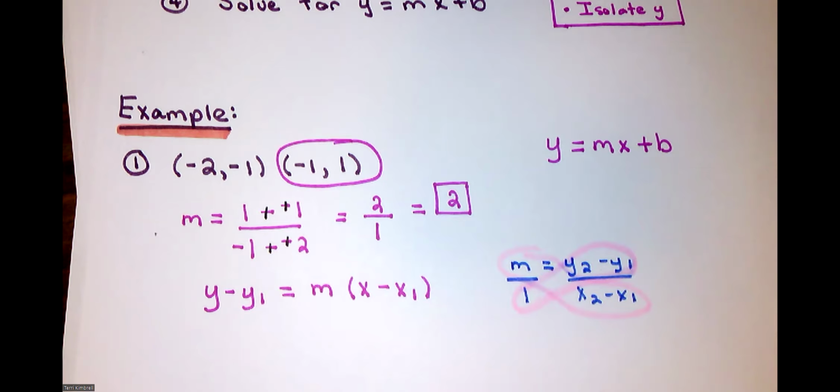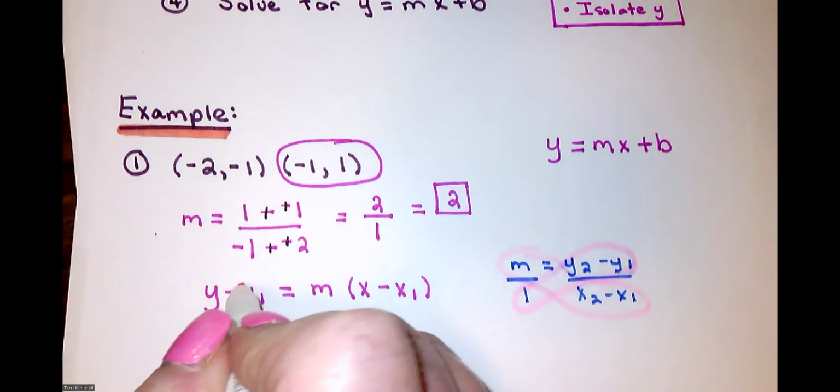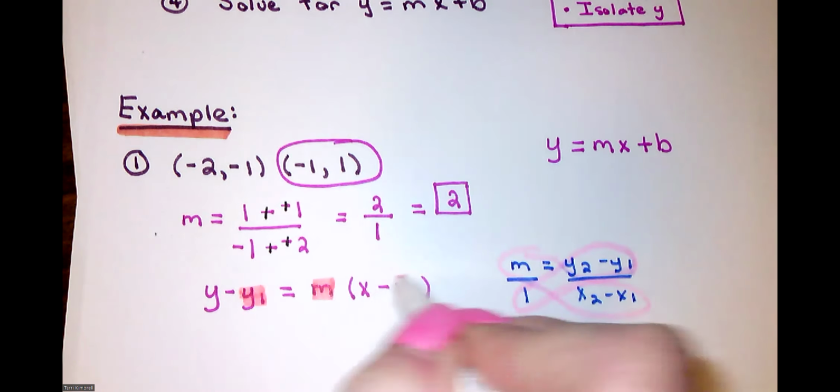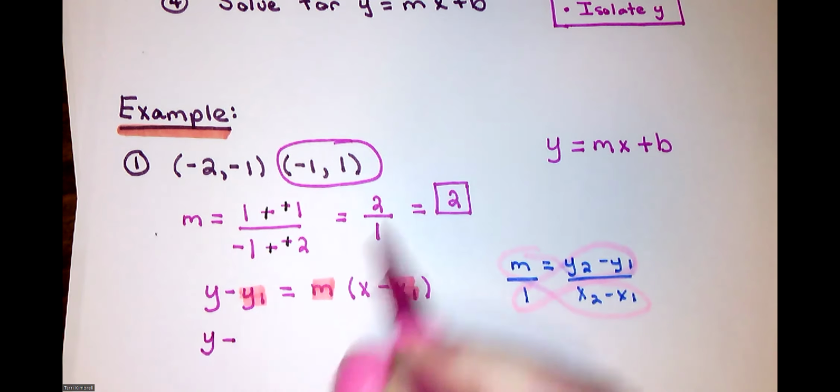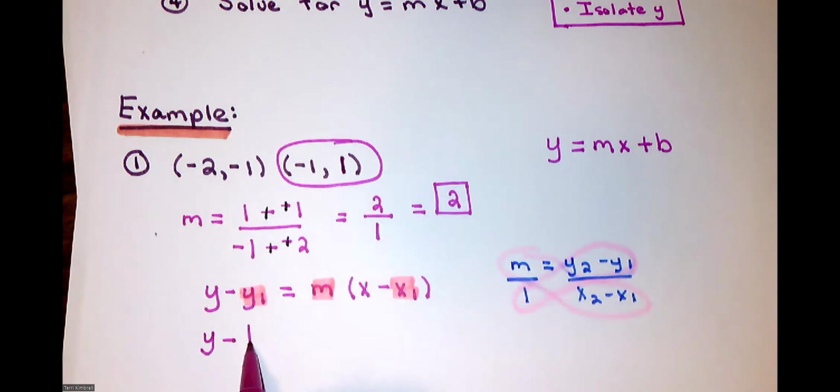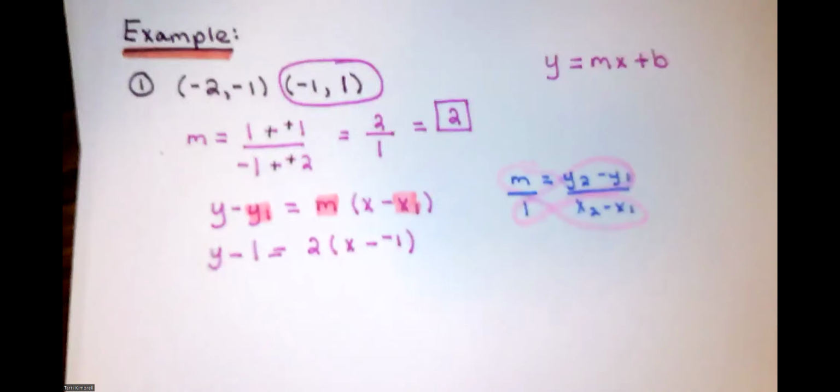Now I'm going to highlight where you're going to put these as you're following along. So it's y minus y equals m times x minus x.